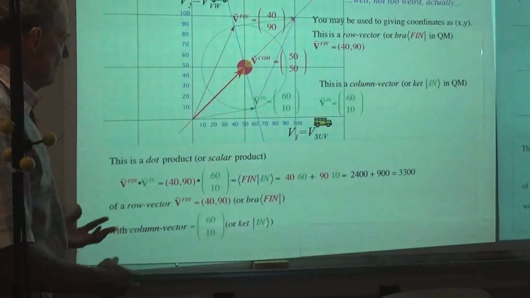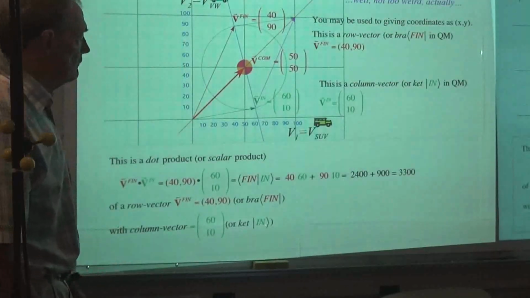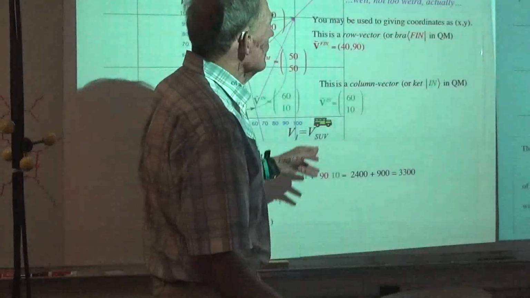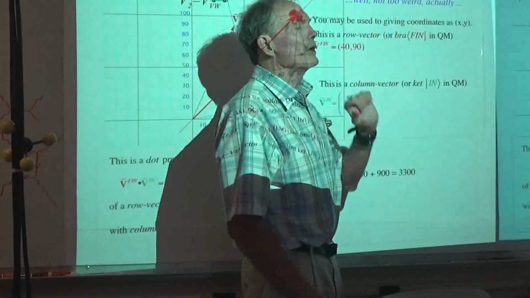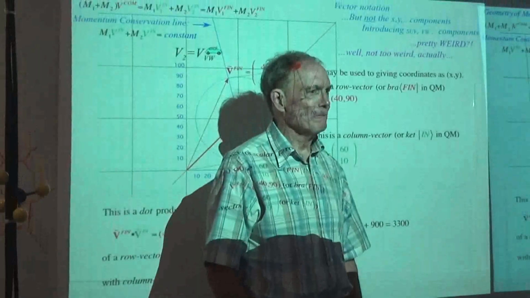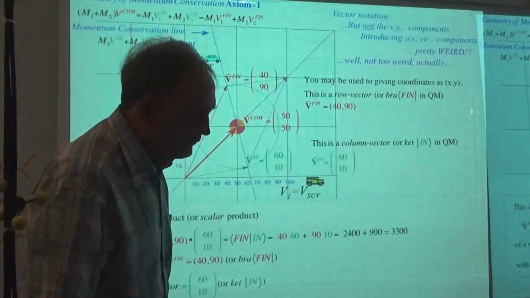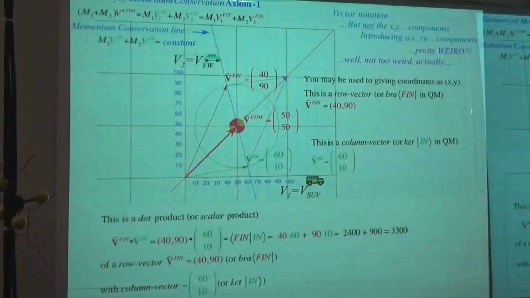Just the dot product of the two, but also v_fin with itself and v_n with itself. They're all going to be important here. So when you look at this, you have to say, well, not too weird actually. This starts to make sense as a more powerful way to do things.